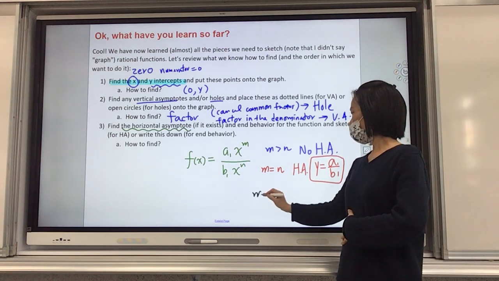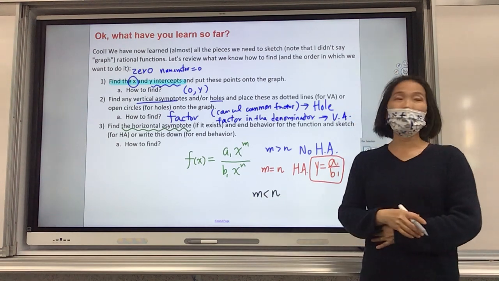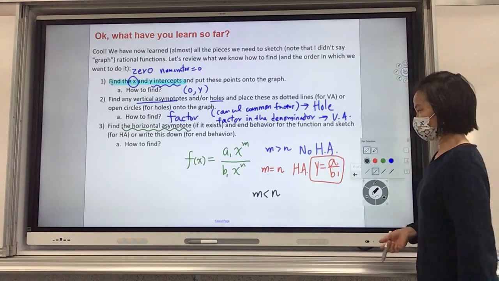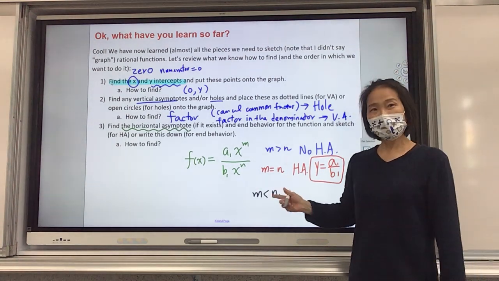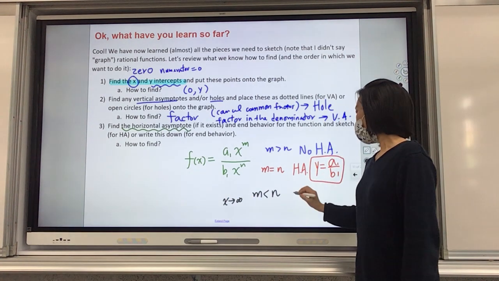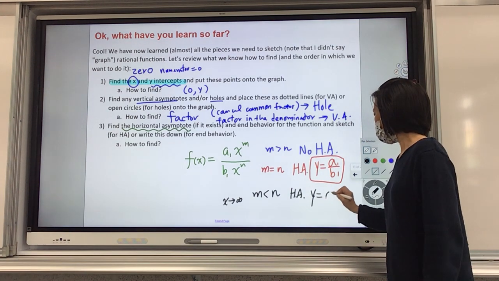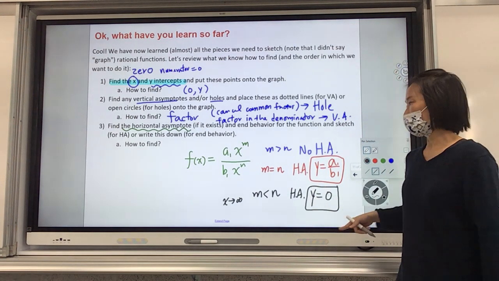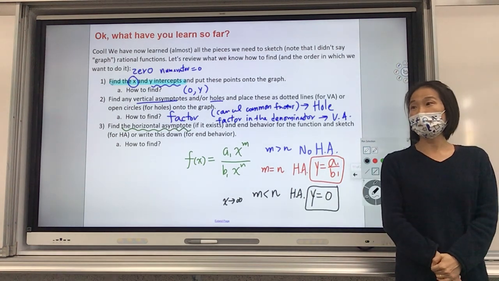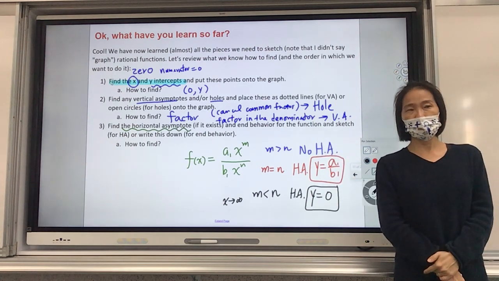What about when the top has the lower degree and the bottom has the higher degree, like 1 over x after you simplify? That means when you substitute x as a big number, y will also approach 0. This is the horizontal asymptote. Whenever the bottom has the higher degree, you get a horizontal asymptote approaching 0.